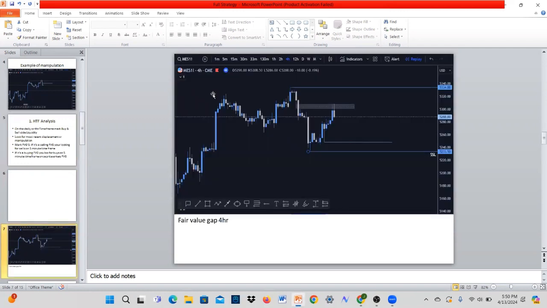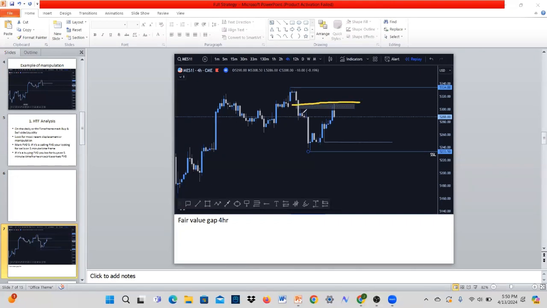All right, so let me show you an example of this. So if we look here, let me change this color. Let's go with yellow. So if we look here, we have a fair value gap on the 4-hour time frame. So I marked my gap for this.